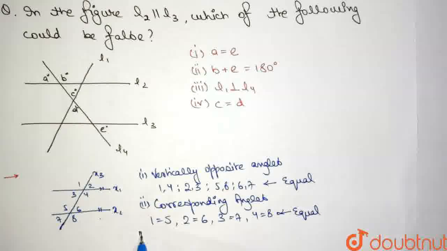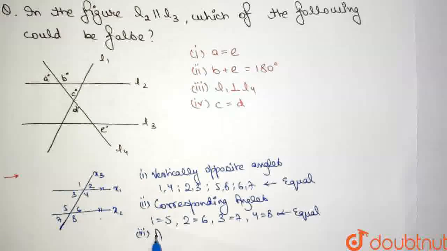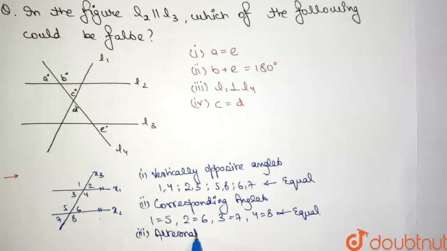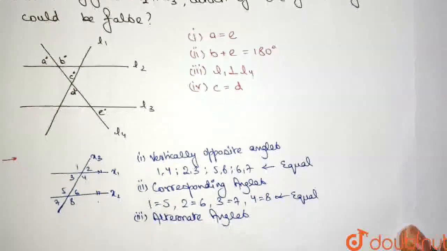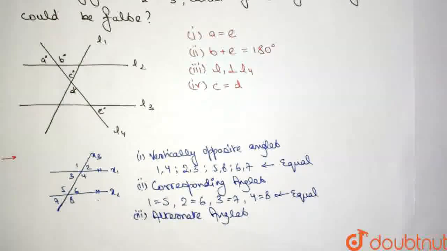Third category can be alternate angles. And these angles are of further two types, which are alternate exterior angles and alternate interior angles.